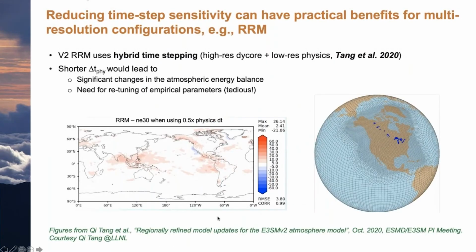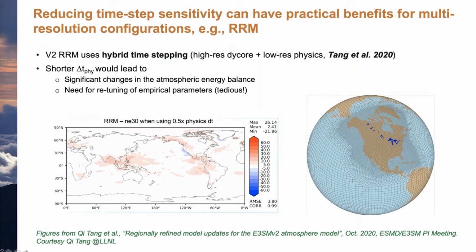This kind of time step sensitivity can also cause practical inconveniences. For example, in last year's ESMD E3SM PI meeting, Tang Qi gave a presentation on the V2 regionally refined model development.